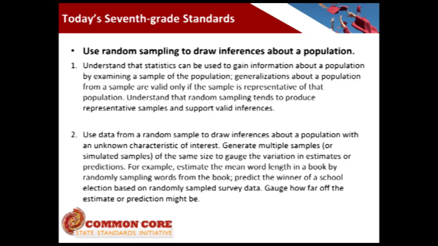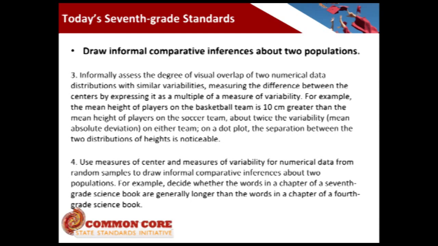So let's move on, because there's a bunch for seventh grade. Once we've started to get this idea that we can sample things, then in seventh grade, we need to really start to look at comparing two populations. What's important is that students begin to see that we can look at measures of two different populations from samples and compare the entire two populations.